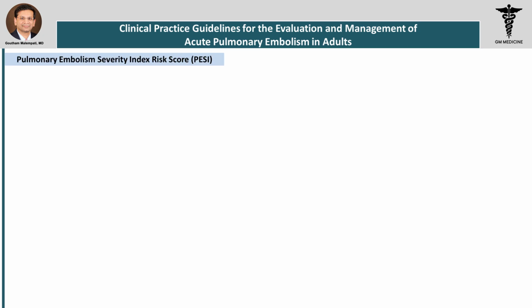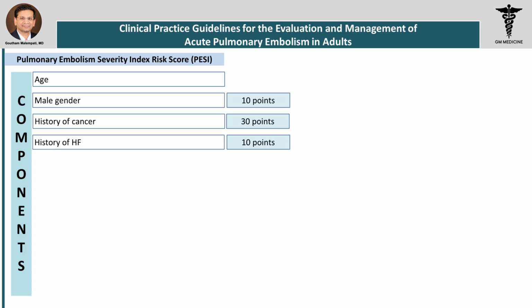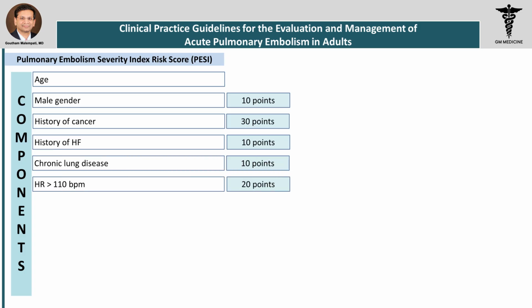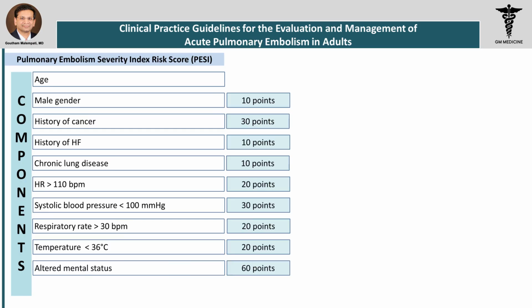Pulmonary embolism severity index risk score components include age, male gender 10 points, history of cancer 30 points, history of heart failure 10 points, chronic lung disease 10 points, heart rate greater than 110 beats per minute 20 points, systolic blood pressure less than 100 mmHg 30 points, respiratory rate greater than 30 breaths per minute 20 points, temperature less than 36 degrees Celsius 20 points, altered mental status 60 points, oxygen saturation less than 90% 20 points.